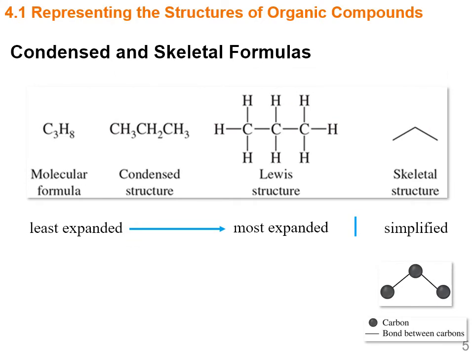Let's first start by discussing the structures of organic compounds and how we can represent them. The molecular formula gives you the least amount of information. It tells you what kind of atoms there are and the relative numbers of them. More information is given in the Lewis structure. It tells us which atom is bonded to which atom and by how many and what kind of bonds.